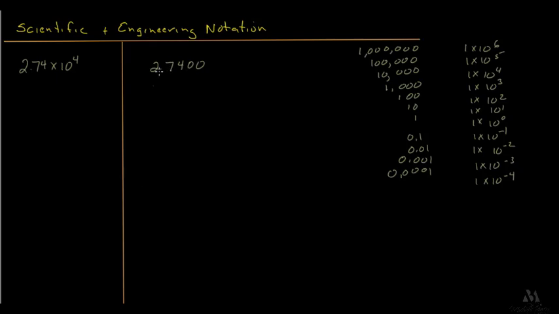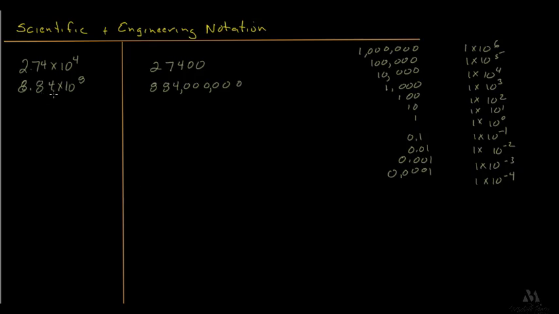So we would be 27,400. What about 8.84 times 10 to the 8th? Well, what do we know? We have to have 8 places past this first digit. So I'm going to write 8. There's 1, 2, 3, 4, 5, 6, 7, 8.